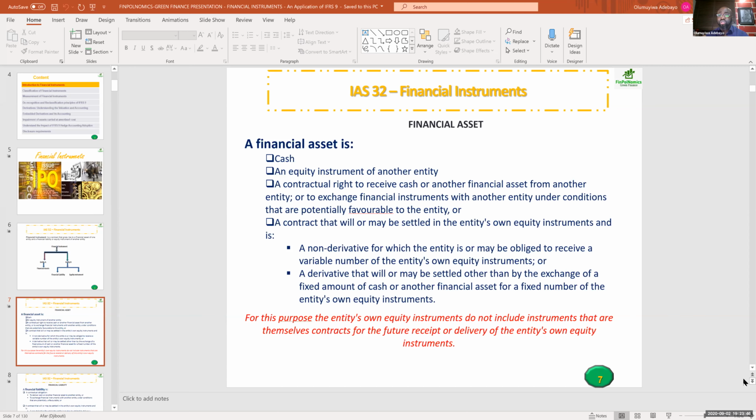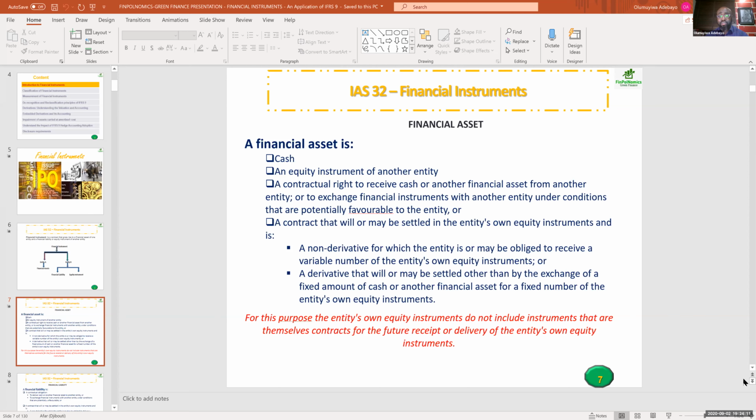When you enter into a contract in which you deliver goods or render services to an entity, the goods you delivered and the services you rendered are not financial assets. But such contracts will necessarily create a financial asset.